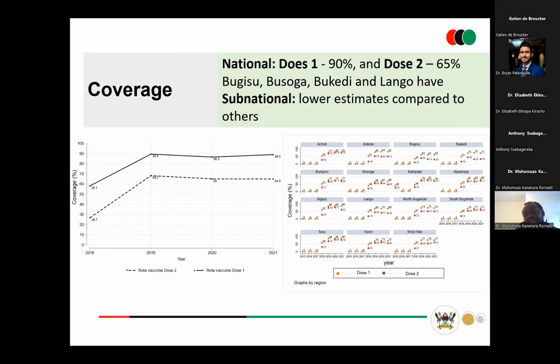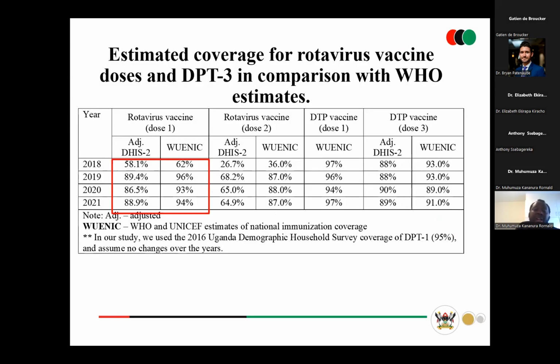And in terms of the variations across the districts, we can also see some differences, with Busoga, Bugisu, Bukedi, and Lango having lower estimates compared to others.